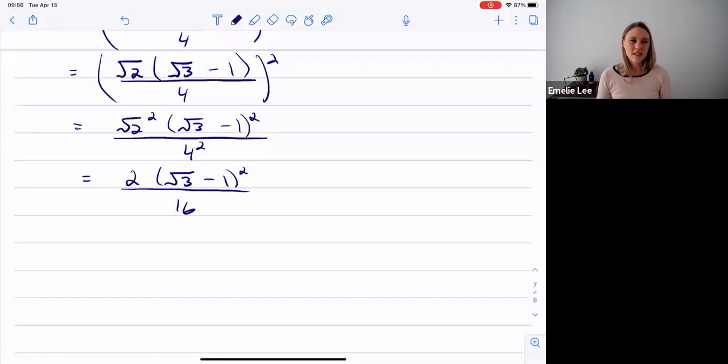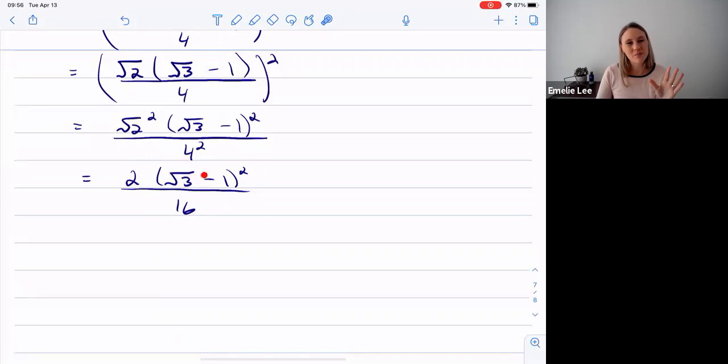I think I can keep going a little bit, because I can definitely simplify this. Yeah, 4 squared is 16. Okay, good. So then I could cancel a common 2 here, because 2 is multiplying all this.